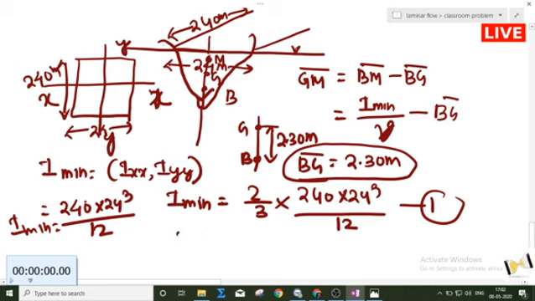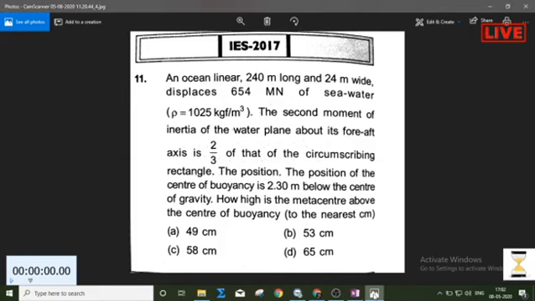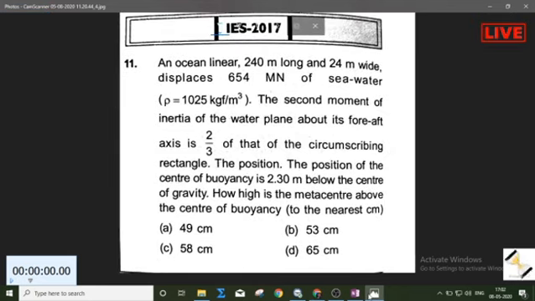Now you have to find out how much volume has been displaced or submerged. The weight of the fluid displaced is given as 654 meganewton.